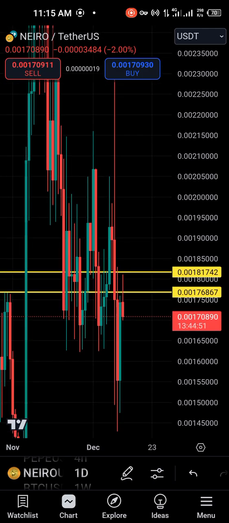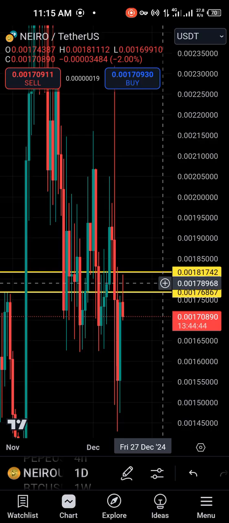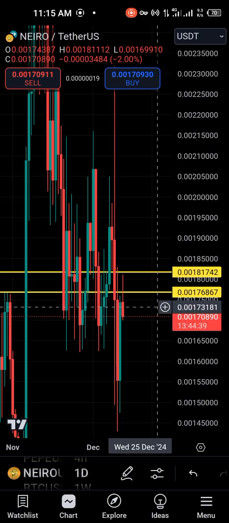This is where you bought it, and you can see you bought the market here, and then you're expected to sell within this area, and then the market has automatically gone down to this place. This is the current price.